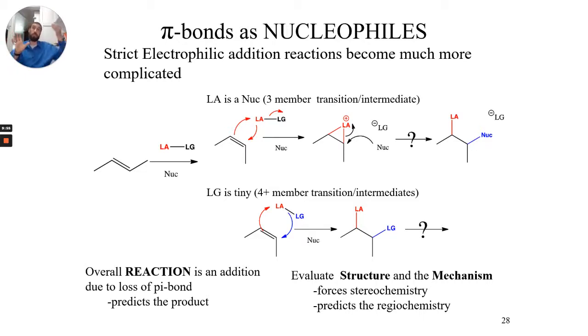In the three-membered ring, they're coming in at different times. How does that force stereochemistry, or potentially even a fun word, regiochemistry, where the individual groups are connected, not where they are in space, but the atoms they're connected to? So what we want to be thinking about is these patterns. Those patterns will help us move through, and we'll get a better understanding of what's happening within these reactions.